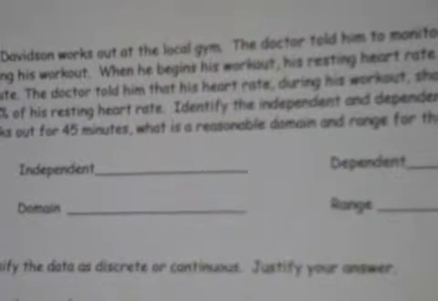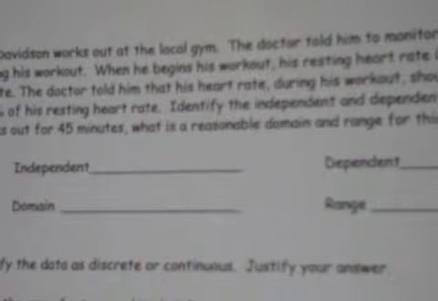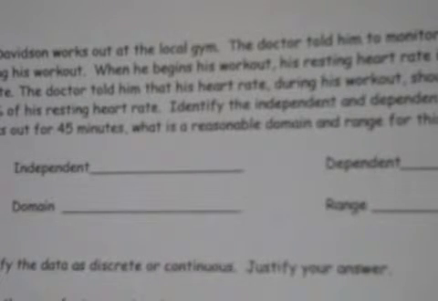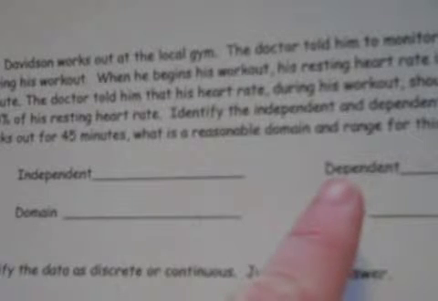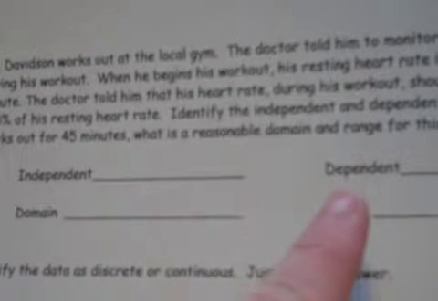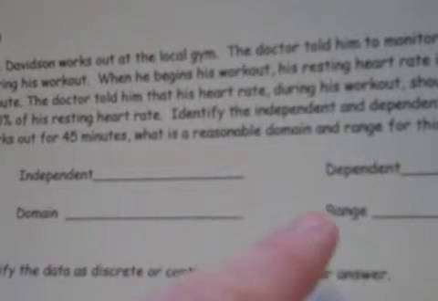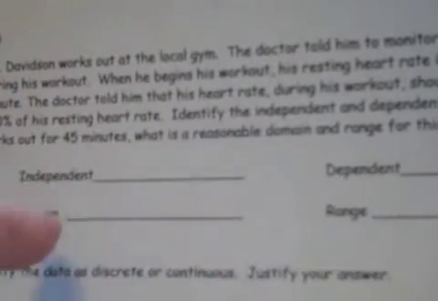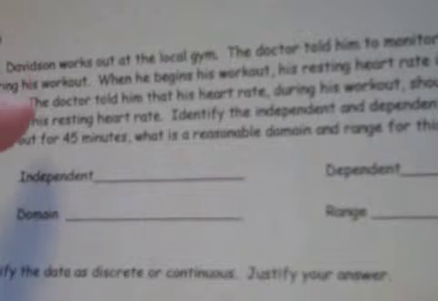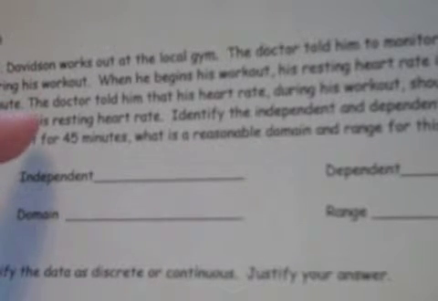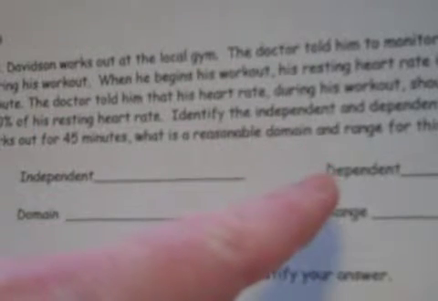So remember, you need to be able to identify independent versus dependent. Remember, the dependent variable is the one that depends upon the other one. Look at this and see which piece of information depends on another piece of information. That's the one that's your dependent.